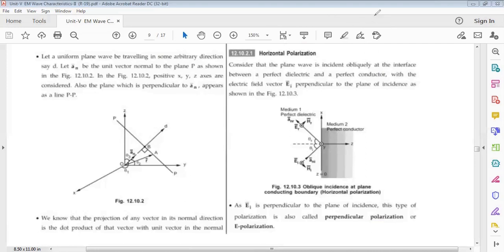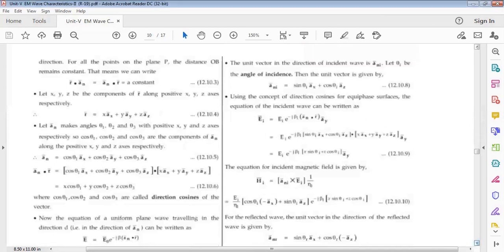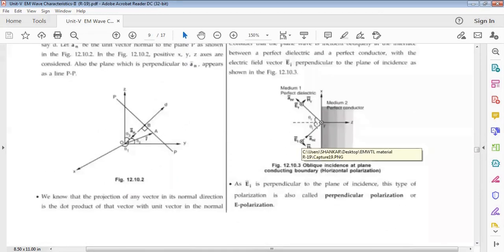So let us see how we can derive these expressions, the reflection and the transmission coefficient. If there is no transmission between a dielectric and a conductor, we have only the reflection coefficient. The unit vector in the direction of the incident wave is ANI bar, and ANR bar is for the reflection, R is reflection, I is incidence.